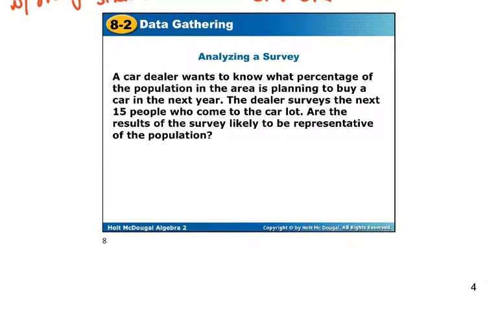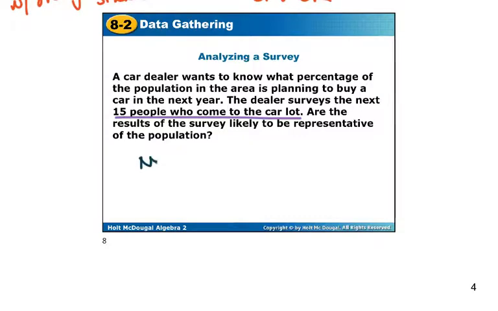All right, then we're going to analyze a survey. A car dealer wants to know what percentage of their population in the area is planning to buy a car in the next year. The dealer surveys the next 15 people who come to the car lot. Are the results of the survey likely to be representative of the population?